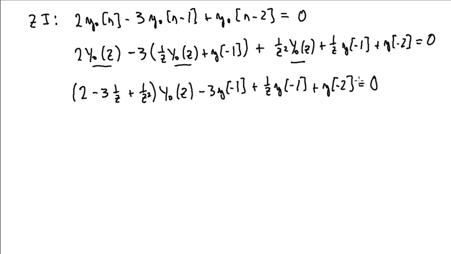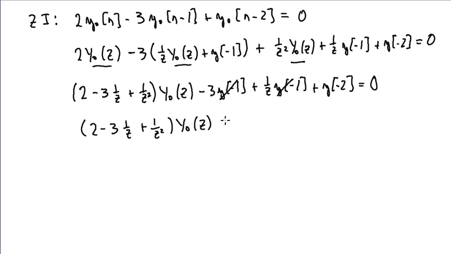Now I can plug in my given initial conditions. Y of minus 1 is 0, so these two terms go away. Y of minus 2 is equal to 1, so this simplifies to z squared y0z.